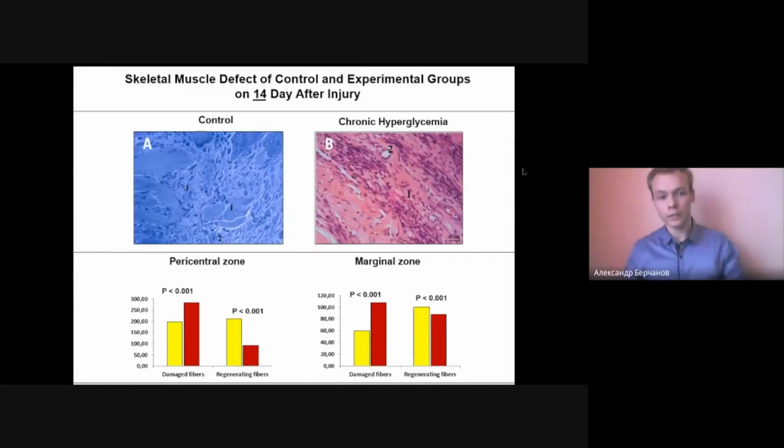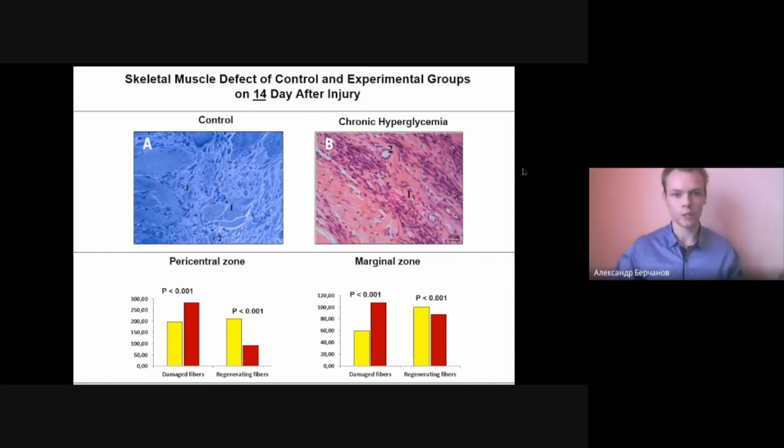On the 14th day, the muscle defect of control animals was filled with myogenic cells located among the beams of collagen fibers and fibroblasts. Increased fibroblast synthetic activity was observed in the defect site of triceps muscles of experimental animals.